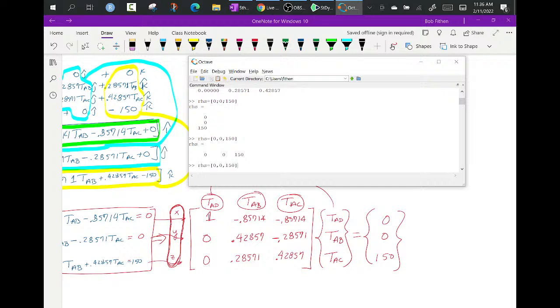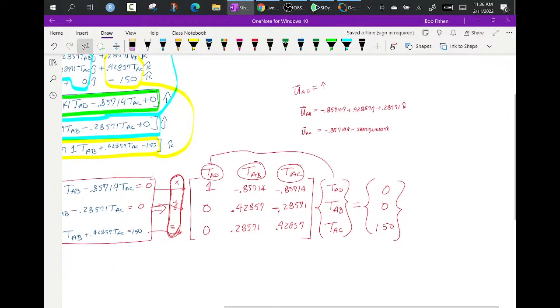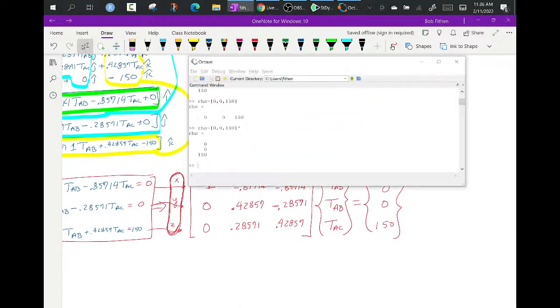But if I don't like that, I can put an apostrophe at it and it transposes it back. So now I can do something really simple. I guess I can do this: inverse of K, did I call that K? I hope I did. I'm going to assume I did. Times the right-hand side.